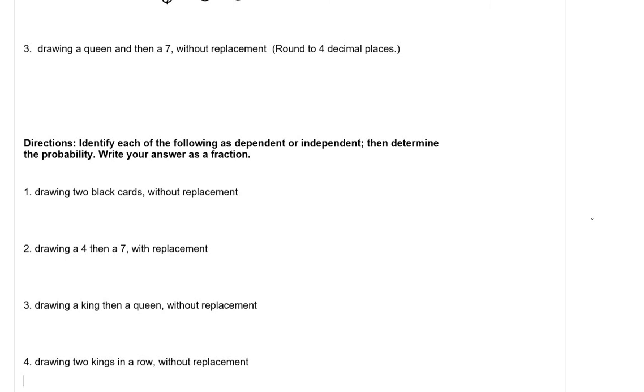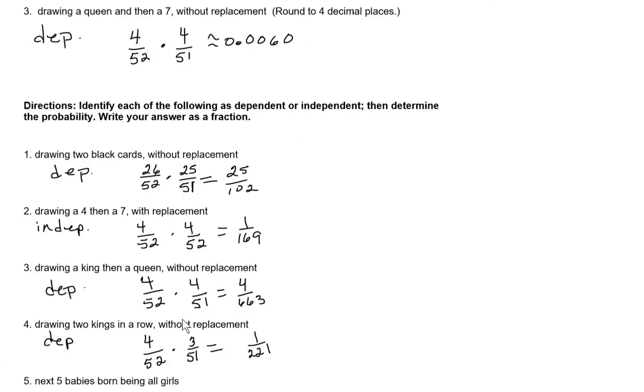So again, pause the video and work on problem 3 here, and then problems 1 through 3 down in this section, and then come back and check your answers. Okay, there are your answers for those few problems. So check that, be sure that you have that right, and then we'll scroll on down to the last 3 here.